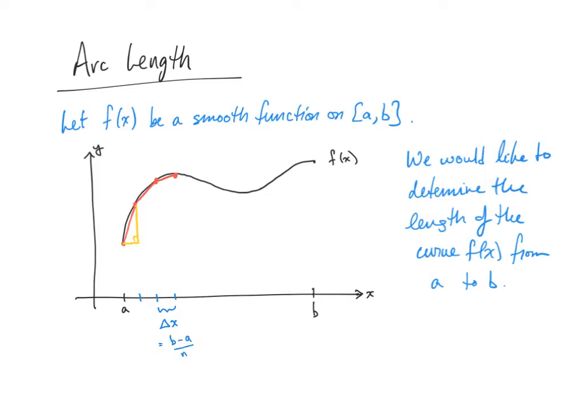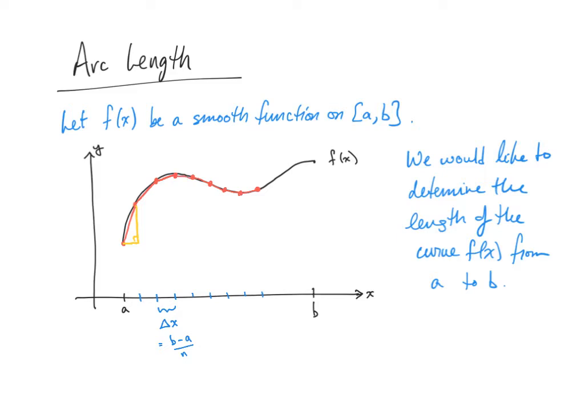N was the number of little pieces we broke our interval into. So above each of the endpoints of these intervals, I'm going to put a point. I've already put a couple of points. And then I'm connecting those points with line segments, which are little secant lines to the curve. And that's more formally what we're doing.